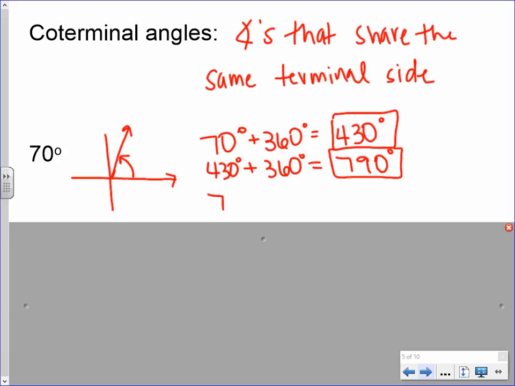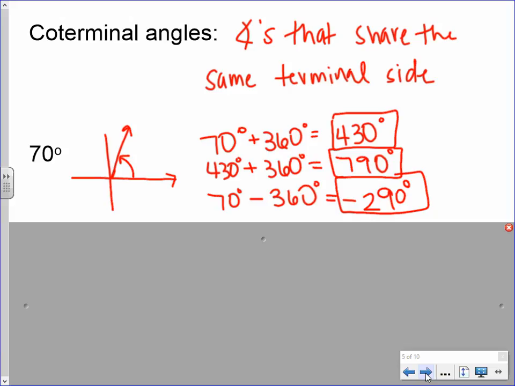Okay, we could take 70 and subtract 360, which would be negative 290. Okay. And we could keep going, all right. There are an infinite number of coterminal angles. What the book will probably ask for is like one positive and one negative, okay?